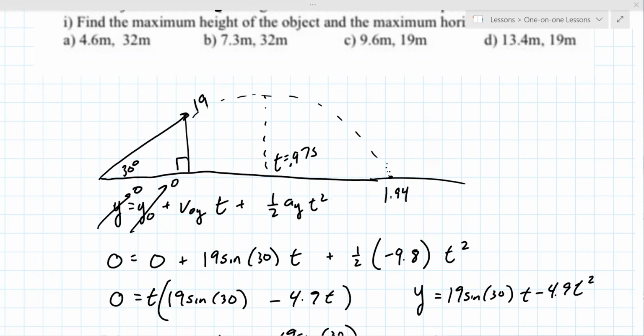Wait, so let me see if I did something wrong here. 0.97 squared is 0.94 times 4.9. Oh, never mind. I did that wrong.